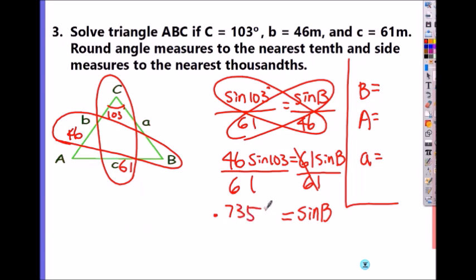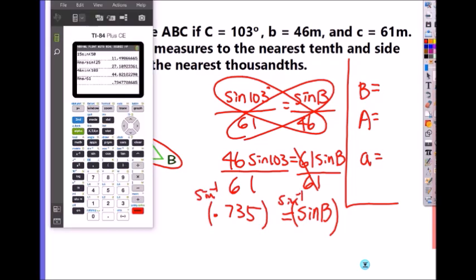I'm going to round this answer, but when you actually take the inverse of sine, I'm going to use the exact answer. So what do you do? Second sine for arc sine. And then how do I copy this previous answer? Second negative. Do not use the rounded answer. Okay? These decimals, even if it's like point a few off, give you a different angle.